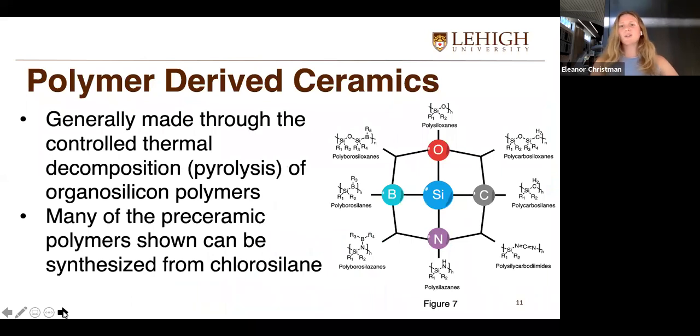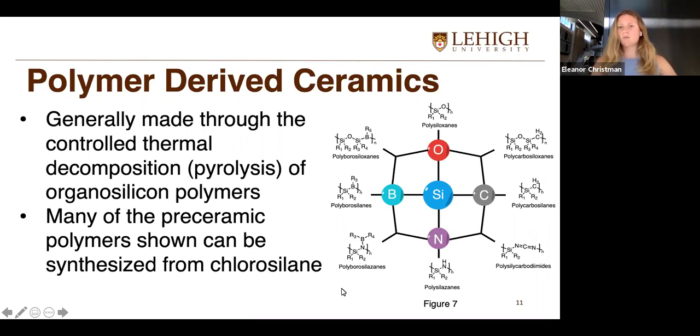Okay, so now we'll get into a little bit more about polymer-derived ceramics. These are generally made through controlled thermal decomposition, or pyrolysis, of organosilicon polymers. It's important to note that these are covalent ceramics. They can be made from many of these different pre-ceramic polymers that I have in this image.